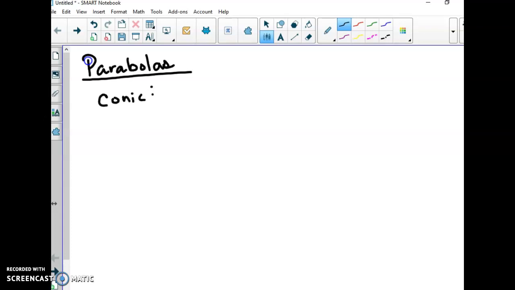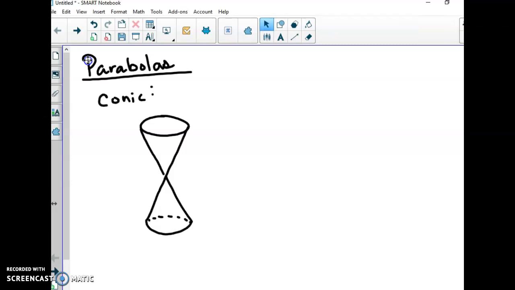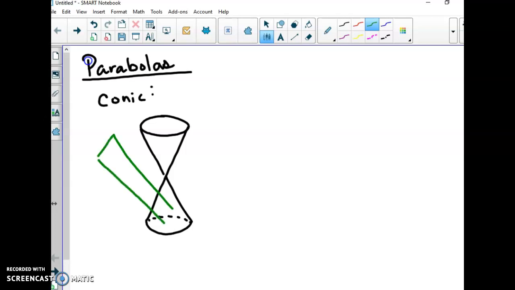overview, a conic section is when we have two right cones on top of each other in which a plane is going to intersect them. So we're talking a little geometry here.